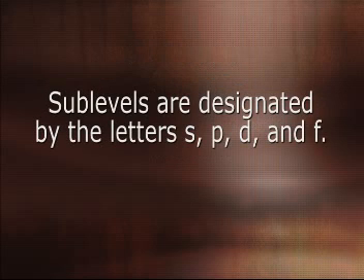For the atoms of the known elements, there are 4 types of sublevels, which are designated by the letters S, P, D, and F. The number of sublevels within each shell is equal to the numerical value of n.